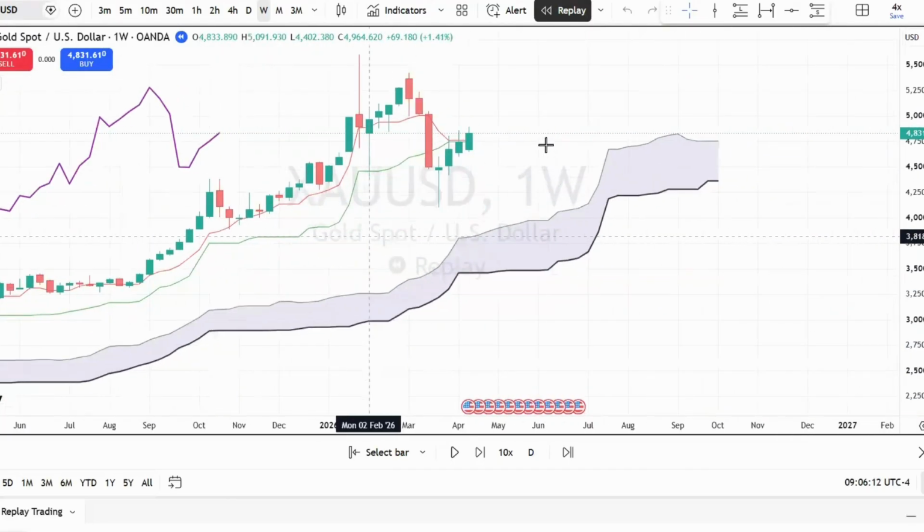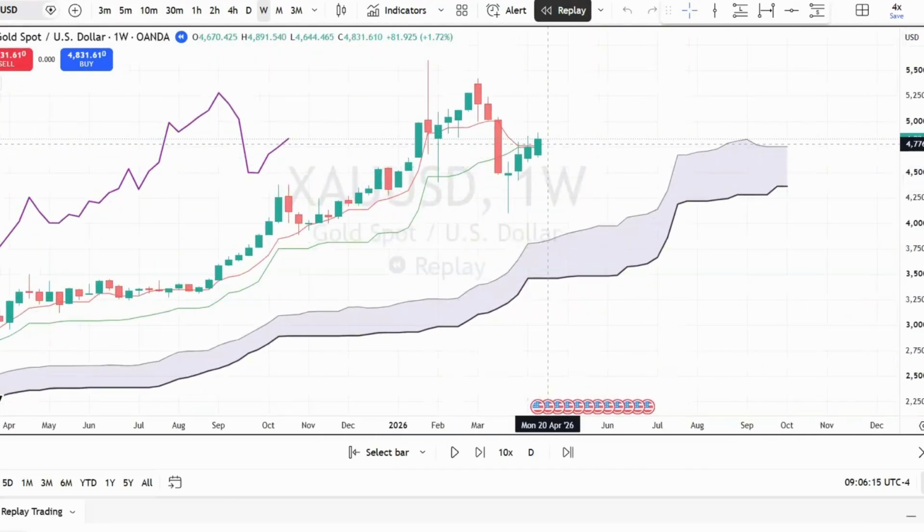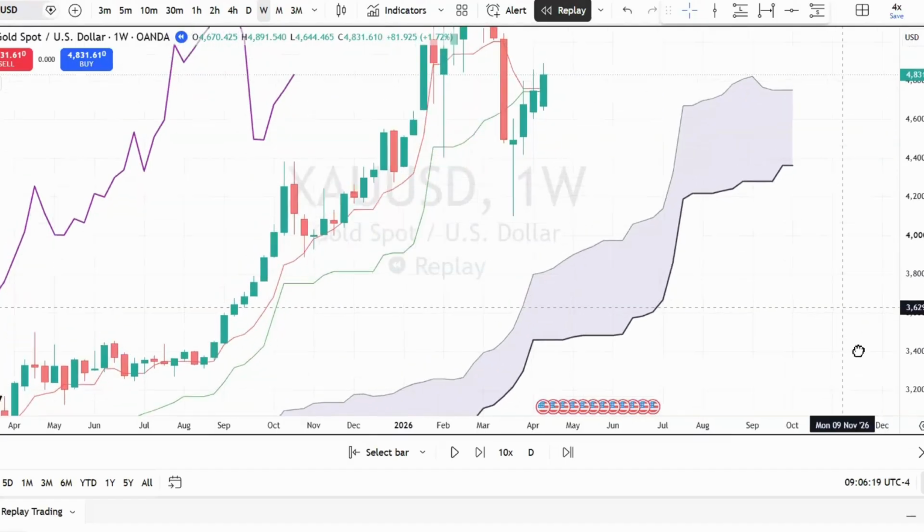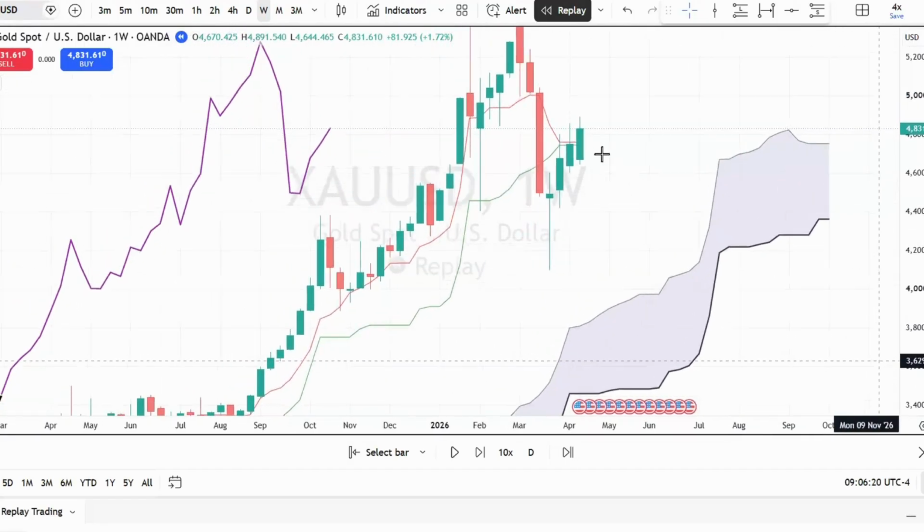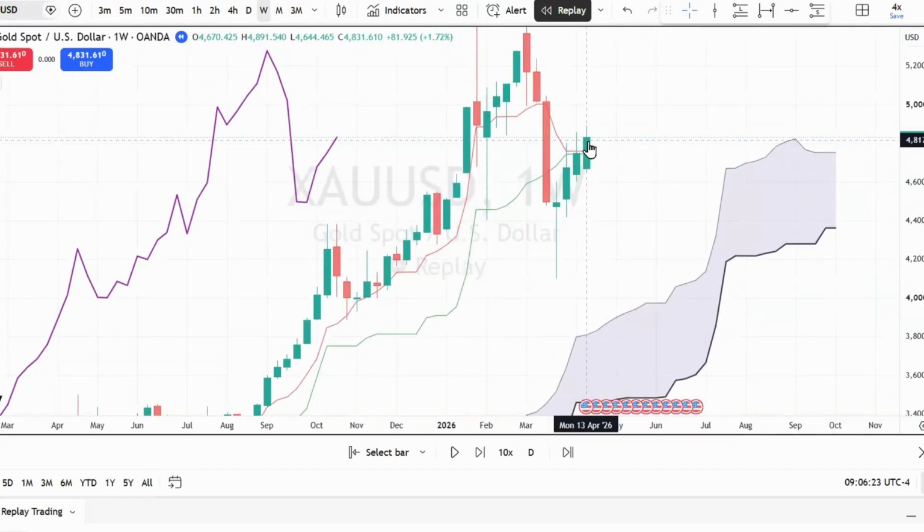So this is when they closed above the cloud, above the green line here, and now we're going to evaluate this. So this is the first time it closed above the green line, so price is above the cloud, which is rule 1. Then you have price, red and green, which is rule 2. Then you have momentum, which is rule 3. And now you have the future cloud, which is rule 4. So now what you could do is you could do a breakout trade above that level here.